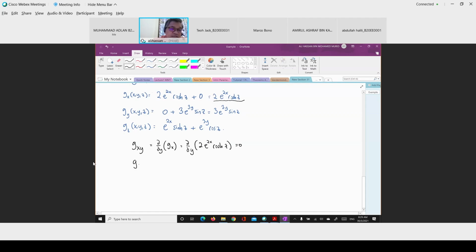What about G partial Z partial X? Suppose I now ask, what is G partial Z partial X? What does it mean? We want to calculate the partial derivative of G partial Z with respect to X. So this is G partial Z that we have calculated just now.